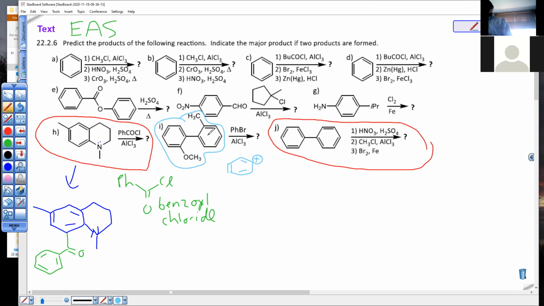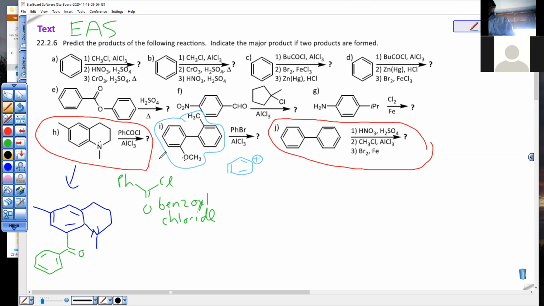Now, this is one of my favorite questions. We got 2 different rings, one with a very activating group here. So my guess would be para for this group first, ortho second. I think the ortho that's away from the other ring would be better. The ortho here is taken.